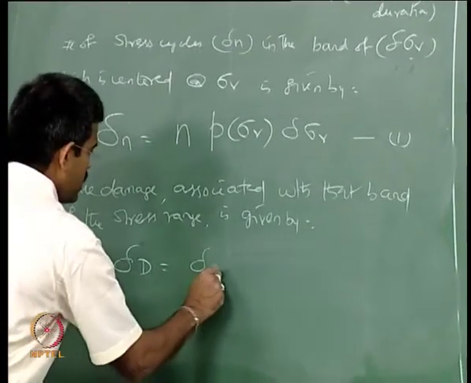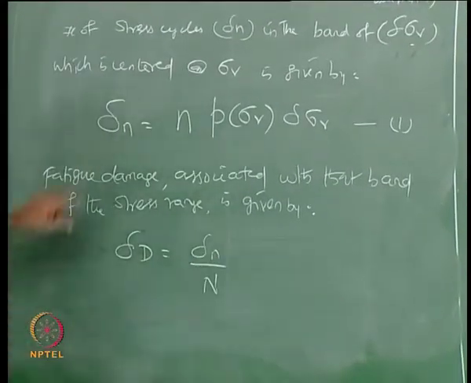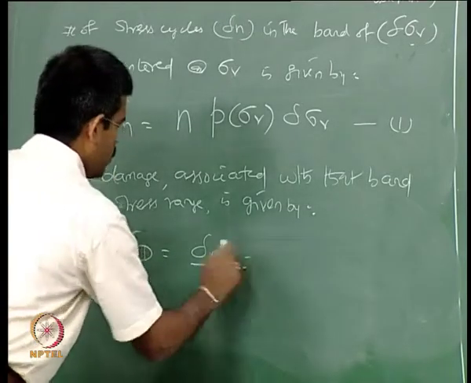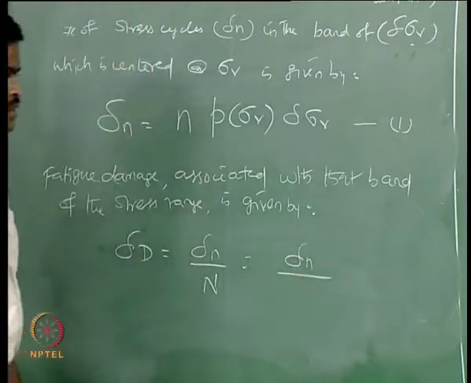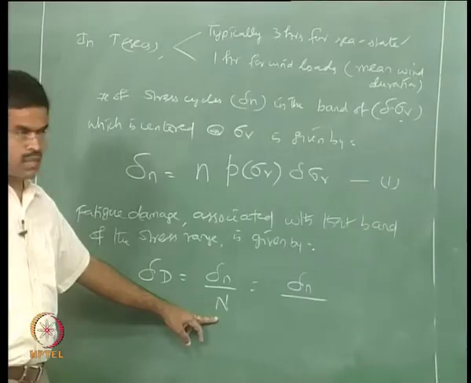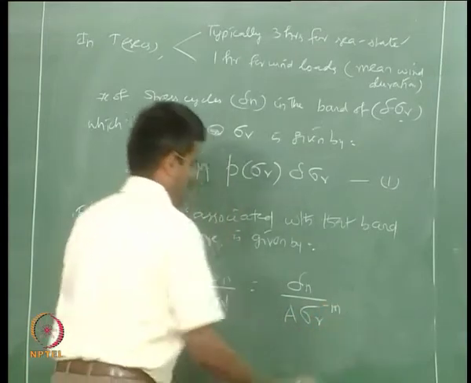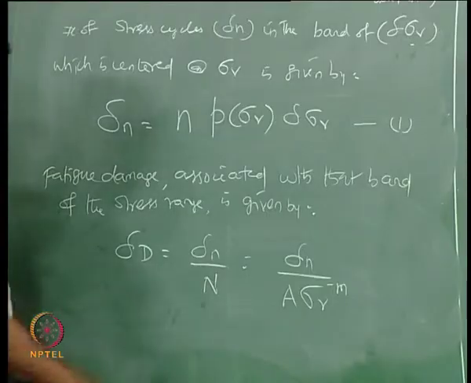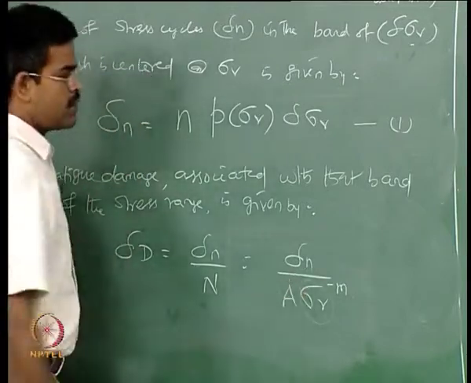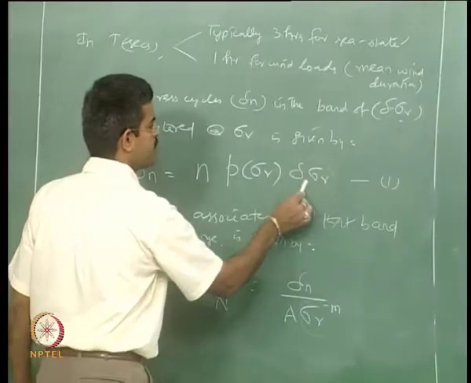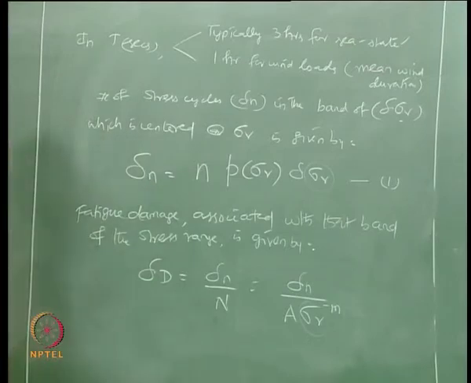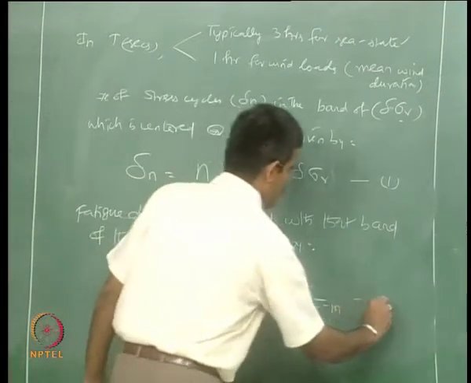Which is nothing but delta n by N. Delta n you already know, we can substitute it here. Now, N also we know, from the standard equation for the SN curve, which is nothing but a sigma r to the power minus m. I am using this range, which is the range of the band. Equation 2.